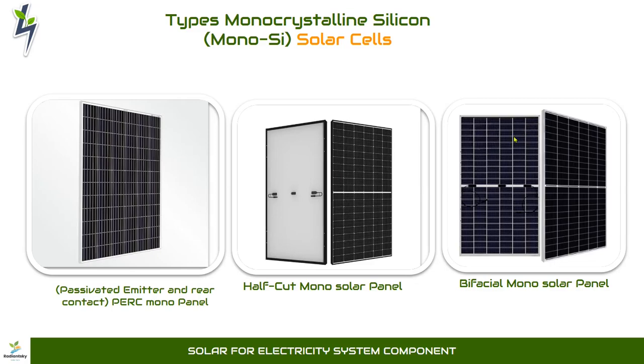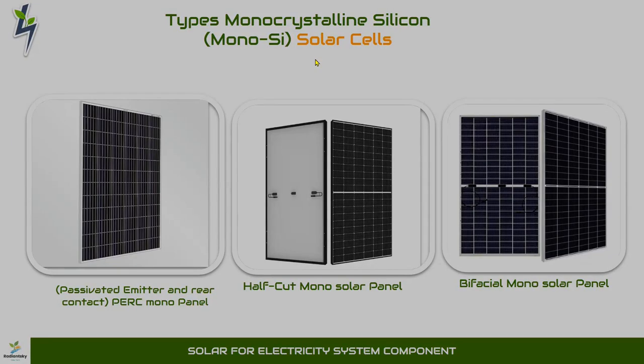For bifacial, you see that the back of the panel is also made of glass, and the front also, to show you that it can absorb heat from both sides. And for this PERC model, you see a kind of material building around it. It can also be much heavier than other models. That is basically how you identify all these types of model.